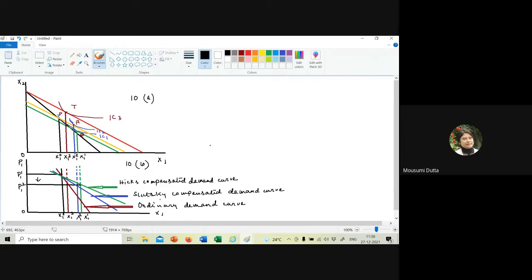Anyone, any problem, any part I need to explain? Already I have added a para for the inferior goods. Is it clear?